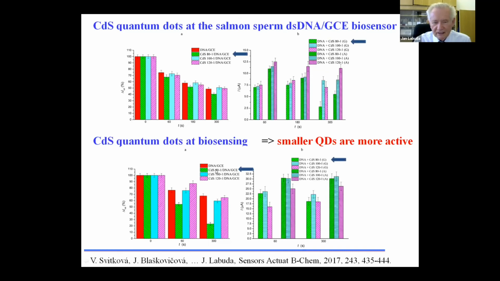We can see that in the case of highly fluorescent quantum dots, the portion of survived DNA under UV irradiation significantly decreases, and using another detection approach, it means signal responses of DNA bases, we can see not only a decrease, but partially an initial increase in the responses and then a decrease.